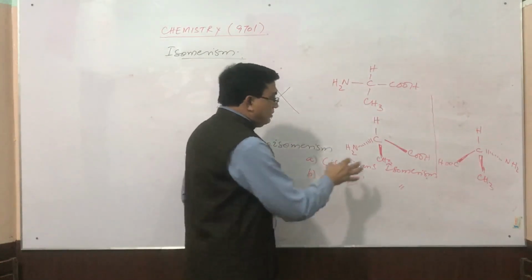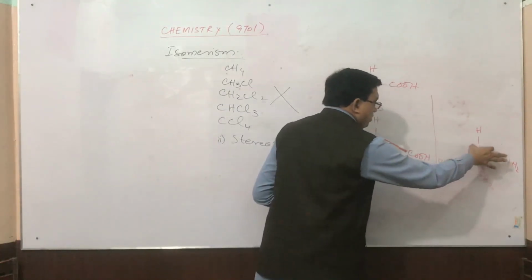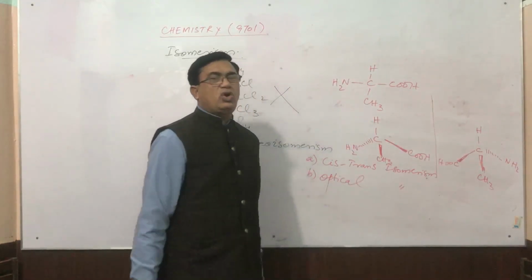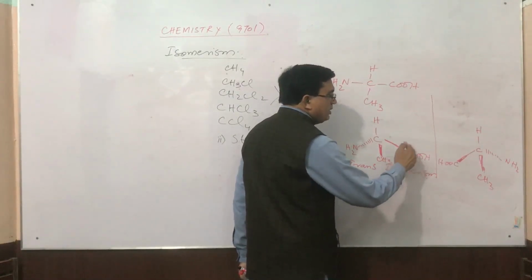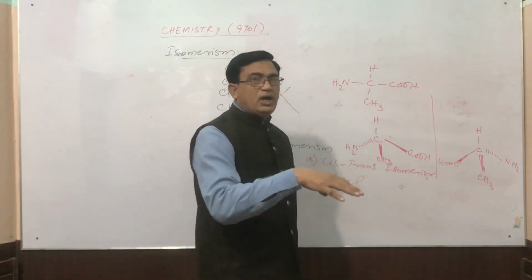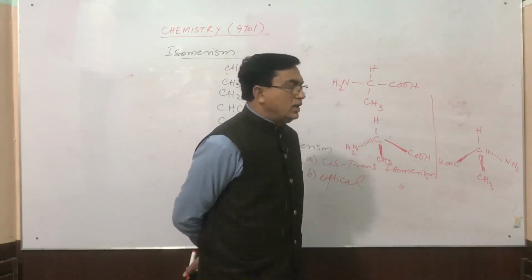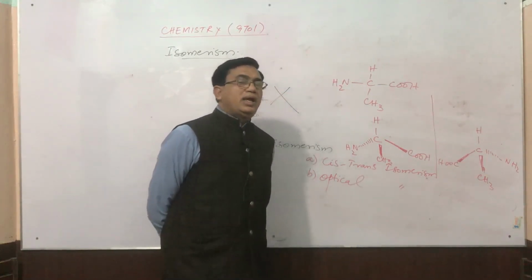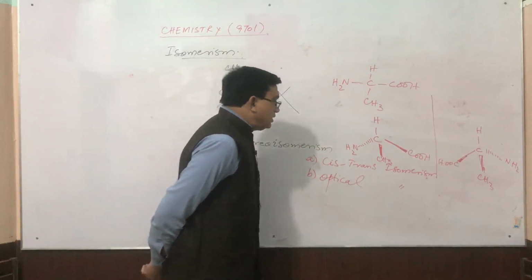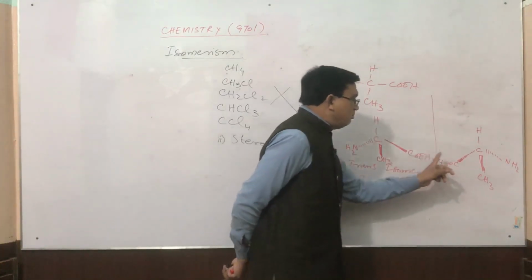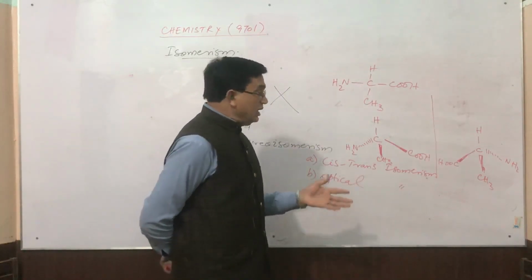Now, the mirror image of this compound cannot be superimposed on this original molecule, because in the mirror image, all groups which are on the right will be shown on the left. That's why such a molecule and its mirror image will not be superimposed on one another. That's why in such conditions we call both of these optical isomers of each other.